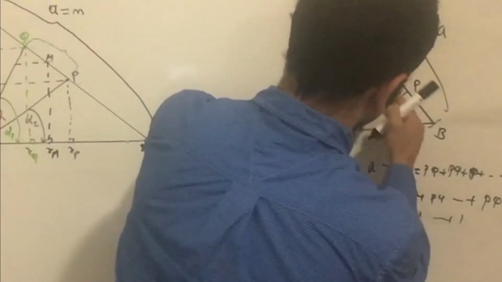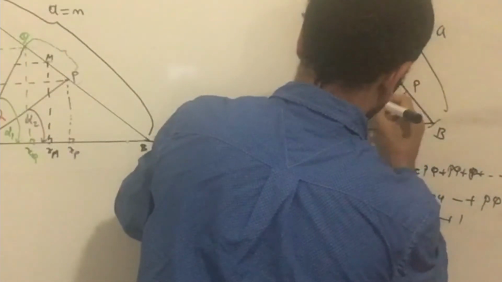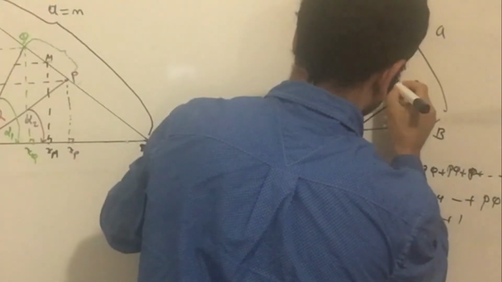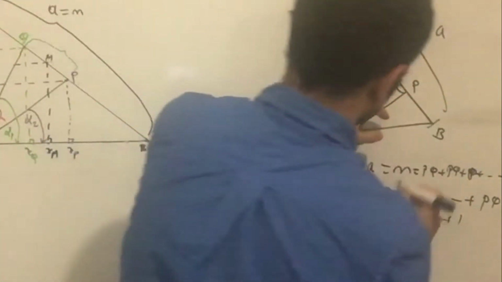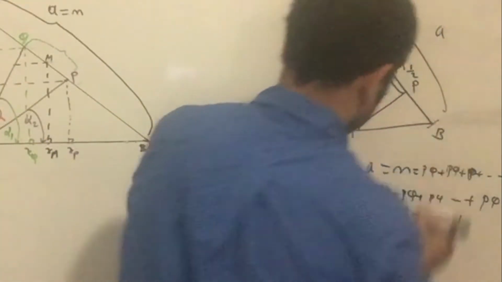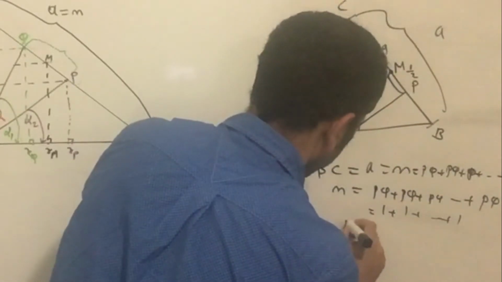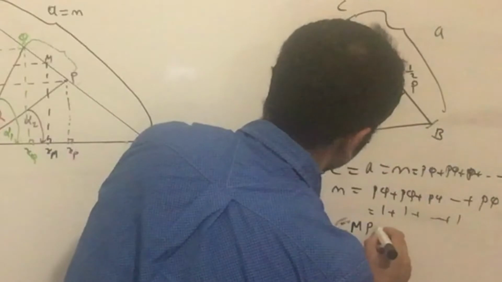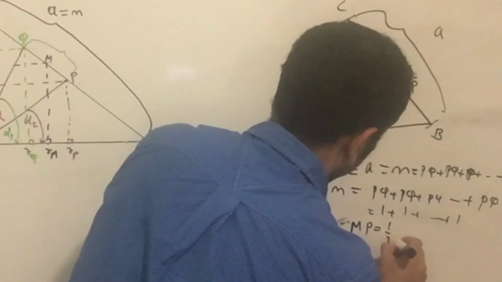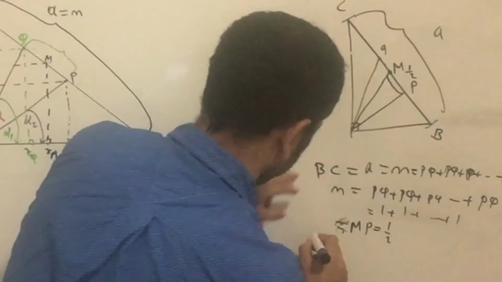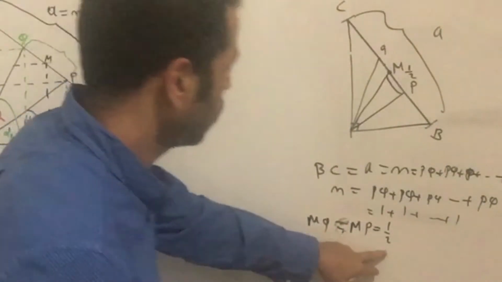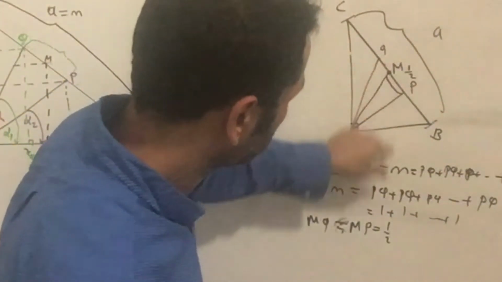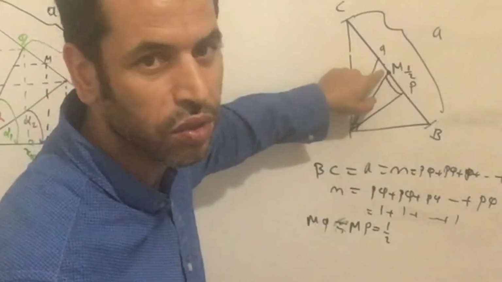That means this half distance equals 1 over 2, because 1 divided by 2. So MP equals 1 over 2, and MQ equals 1 over 2. This small distance is 1 over 2, because we have the midpoint of these segments.